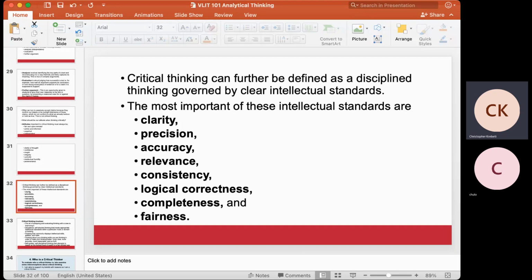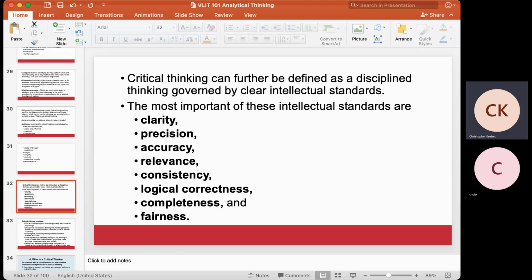Consistency, precision. It should be precise, go straight to the point, accurate, relevant. How relevant is the issue? Or you are just saying something abstract. Thinking should be relevant. And whatever outcome you are trying to decide through your reasoning should be relevant to the issue.